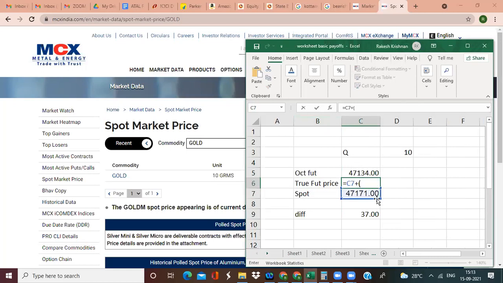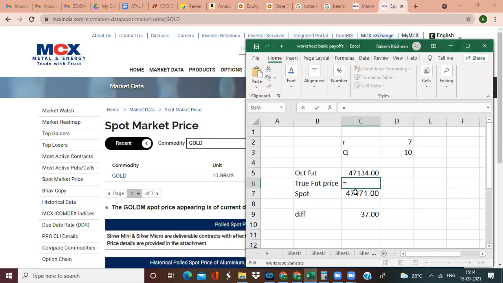What is cost of carry? Let's say R is 7%.